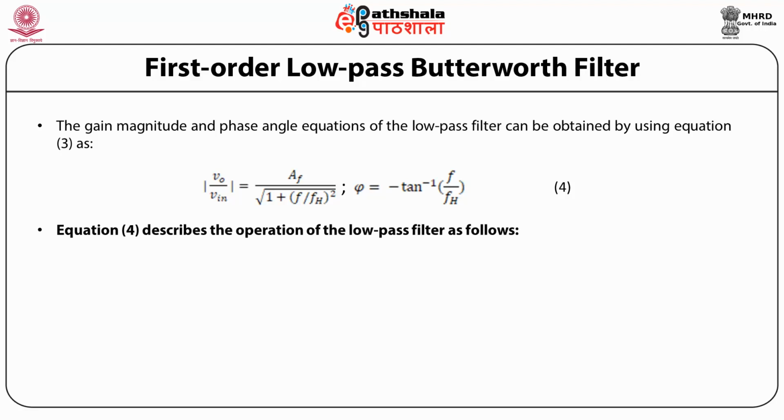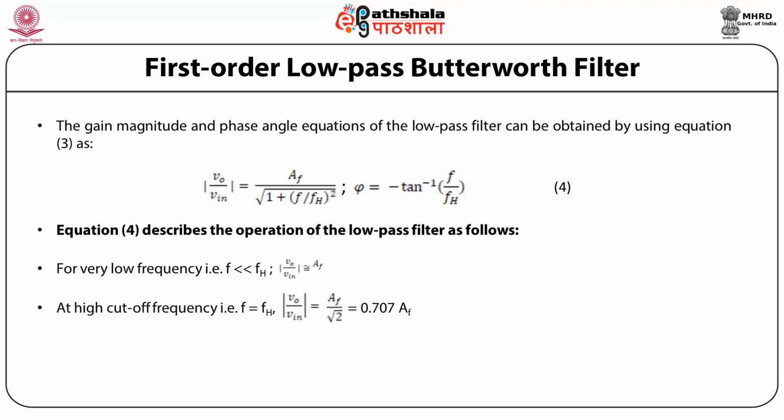The above equation describes the operation of the low pass filter as follows. First, for very low frequency, that is f much less than fH, modulus of V0 by Vin is approximately equal to AF. Second, at the high cutoff frequency, that is f equal to fH, modulus of V0 by Vin becomes equal to AF divided by square root of 2, which equals 0.707 into AF.